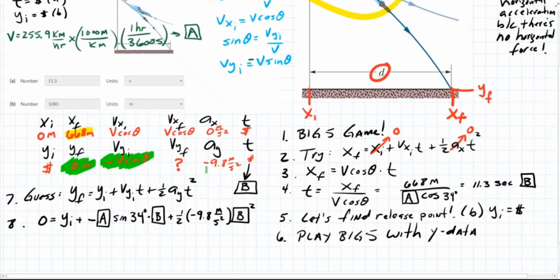Solve for y subscript I. Make sure you're in degree mode, not radian.